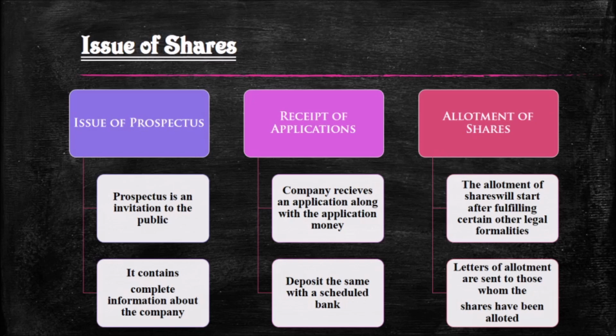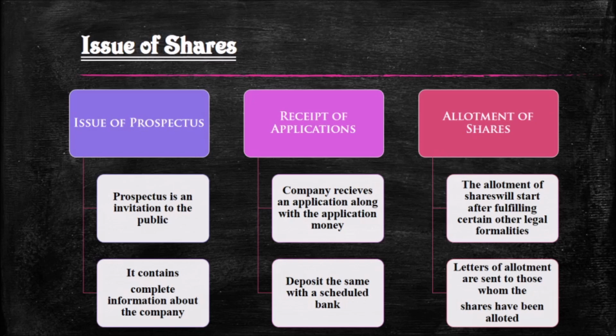So apply means the company will receive an application from the public, that is, receipt of application. After watching and reading the whole prospectus carefully, the public will apply for shares. The company will receive the application along with a small amount of money known as minimum subscription.